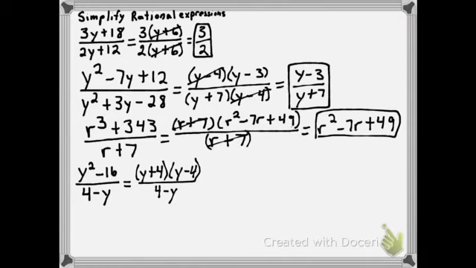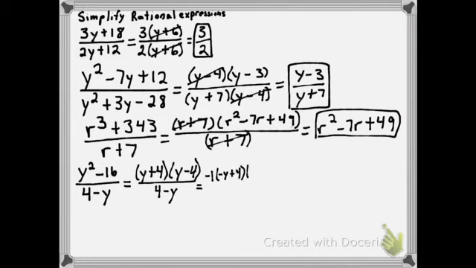And so what I want us to do is on the top, we're going to factor out a negative 1 out of this y minus 4. So we're going to take a negative 1 out here, and that's going to change this y to a negative and this 4 to a positive. So when we do, it becomes a negative y plus 4.